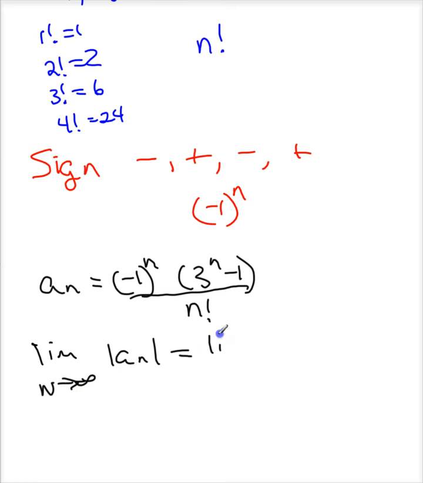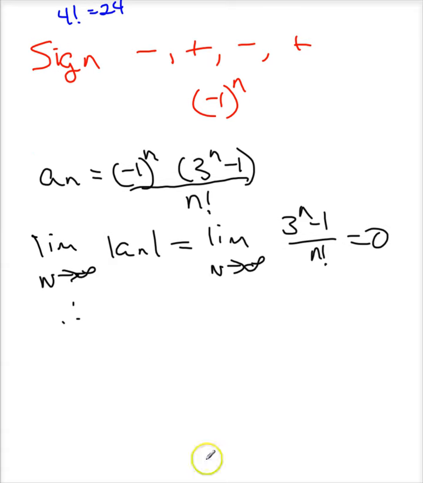All right? Because if that limit exists, I know the limit of this entire sequence exists. So I know this is 0. Therefore, the limit as n approaches infinity of a sub n itself is also 0. So the sequence converges to 0.